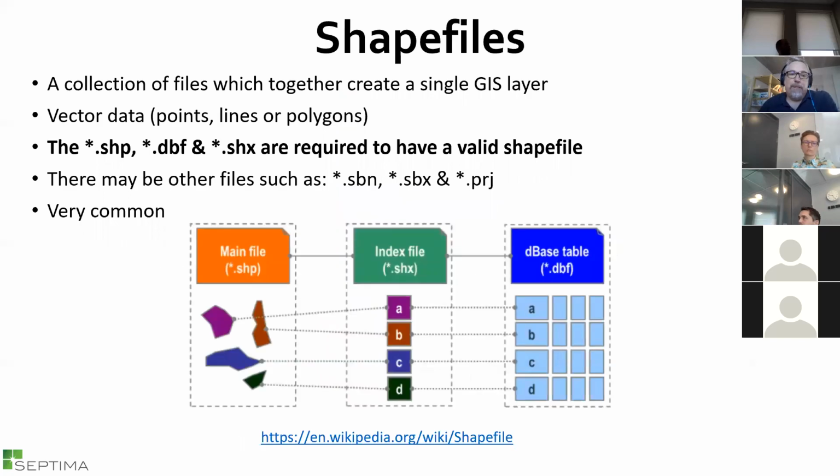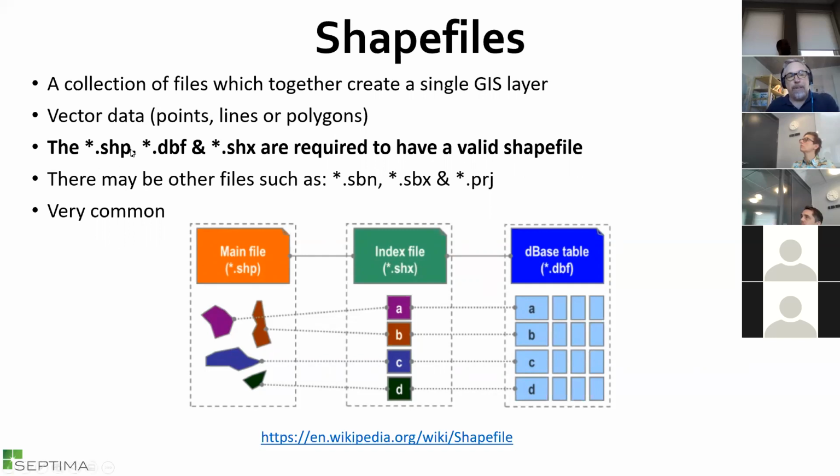So the shapefile itself is a collection of files. It's called a shapefile, but it's actually a collection of files that collectively make one GIS layer. And a shapefile has either point geometry, line geometry, or polygon geometry. So it's one of the three. And there are different files.